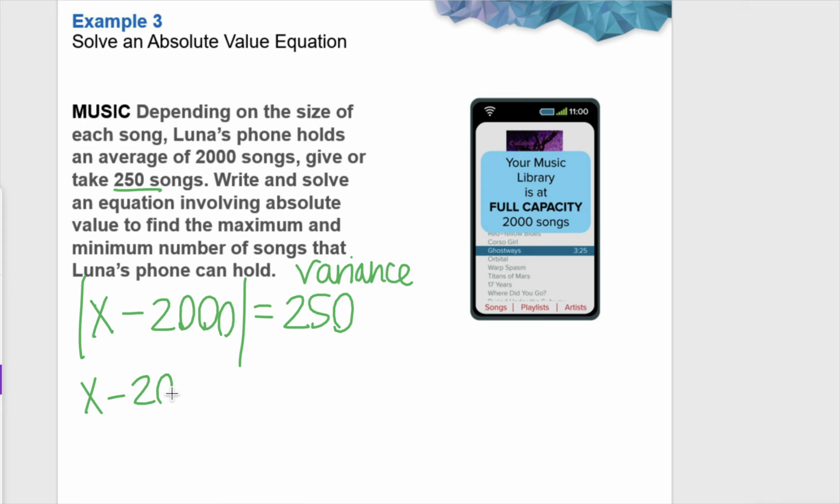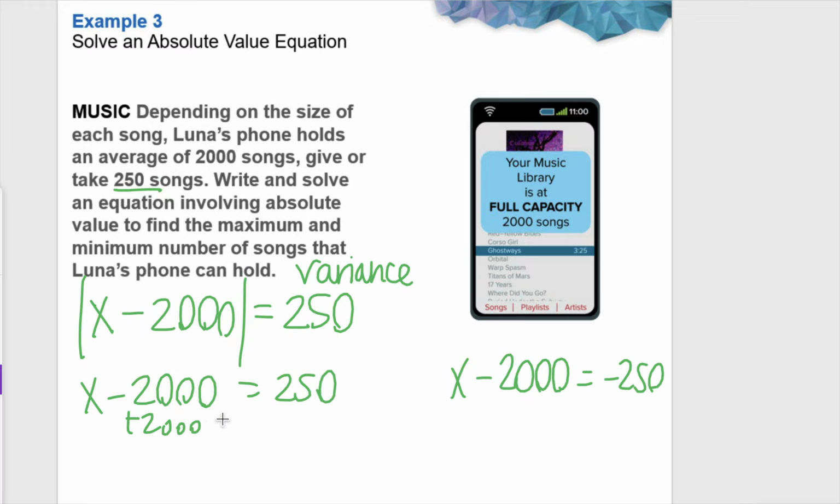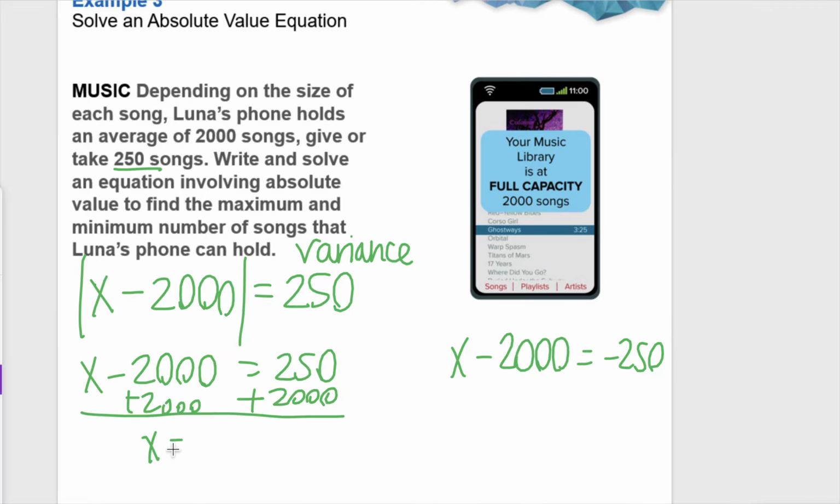So then we would write two separate equations, and then solve each, adding 2,000 to both sides here. One option could be x is equal to 2,250 songs, and then on this side, if I add 2,000 to negative 250, I can say x is equal to 1,750 songs.